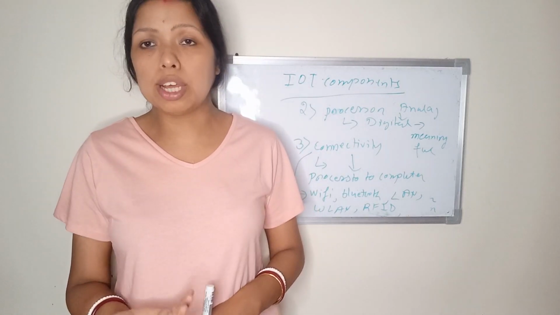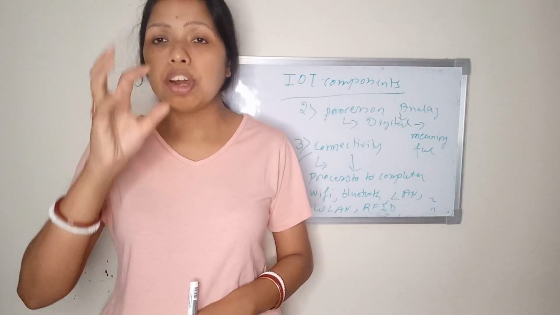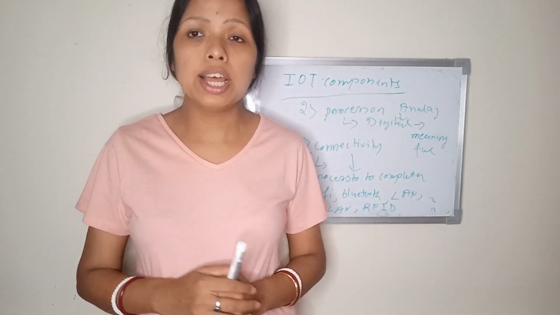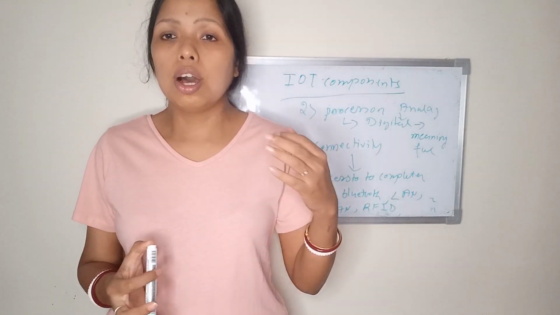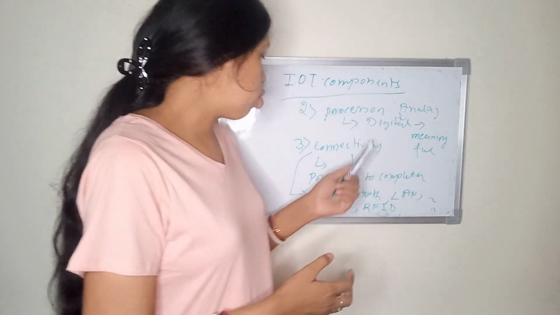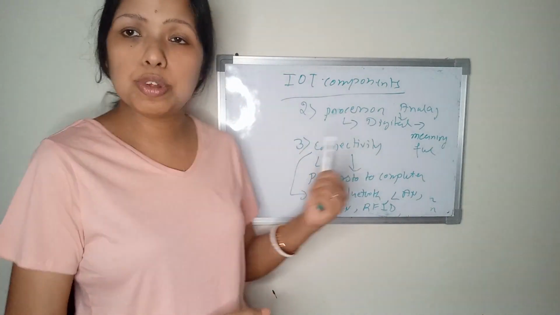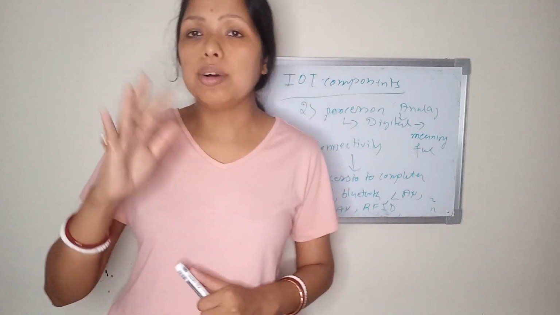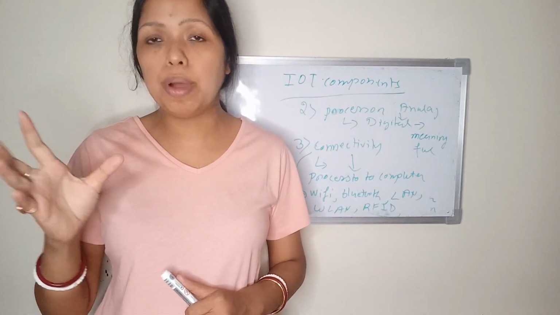After that, again the processor will come into play. Why? After analyzing those data, again you need to check. So the processor will come in after the cloud also, or after you can see the message on the mobile phone.